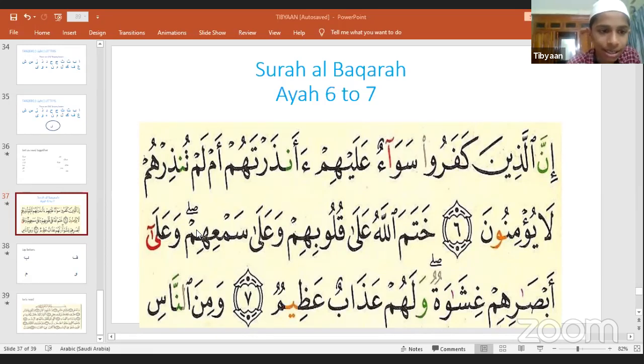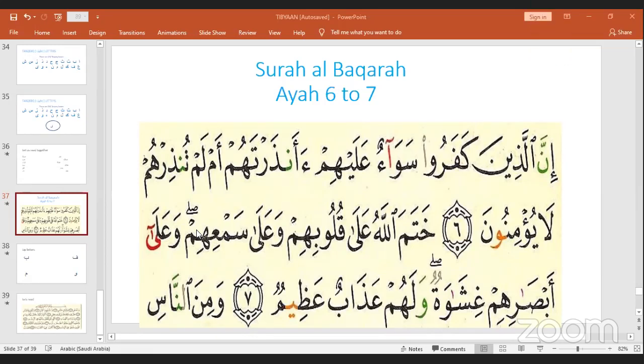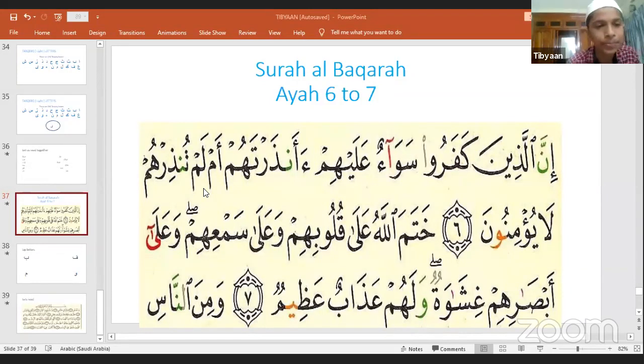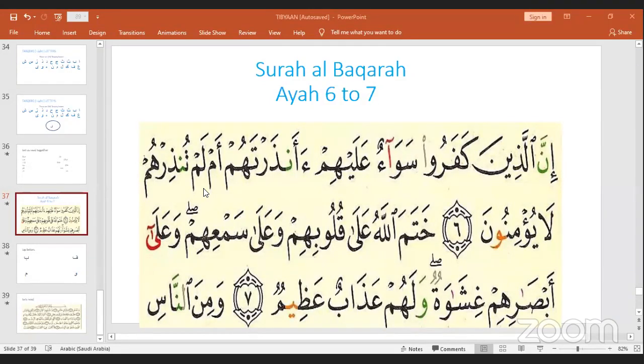Like that, a few more people will repeat after me. Now again the sixth ayah, Aqsa. Yes, Aqsa, the sixth ayah.